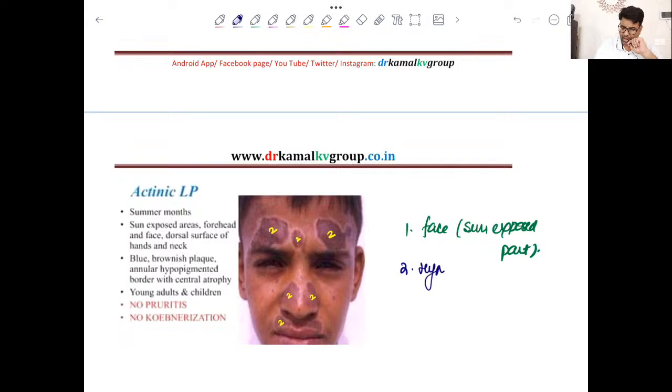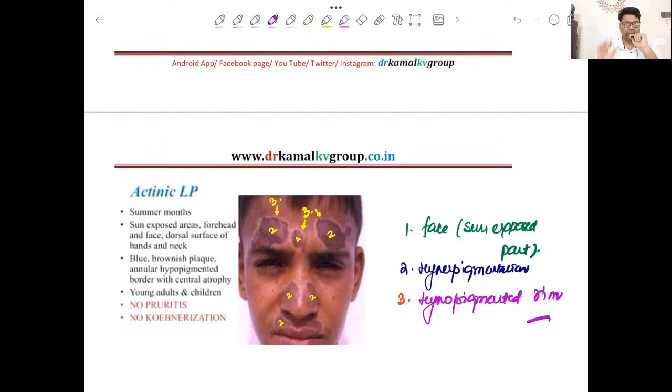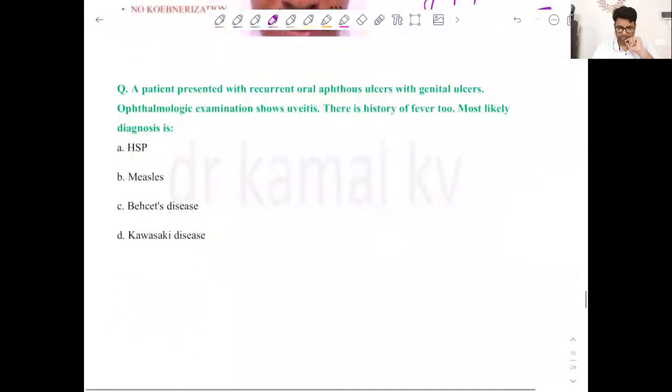So 2 is hyperpigmentation, and just see on the margins of this hyperpigmented area you can see a white rim, right? Clearly you can see a white rim. So this is all hypopigmented rim. Clear? So 3 classical features, and you can say that the given case is actinic lichen planus, right? So this is actinic lichen planus.